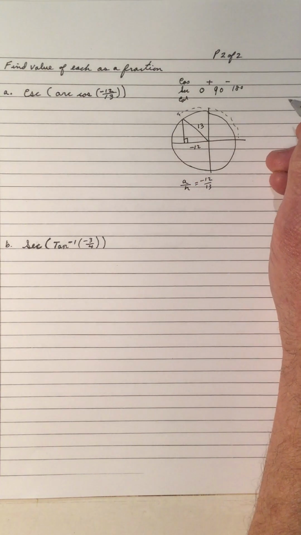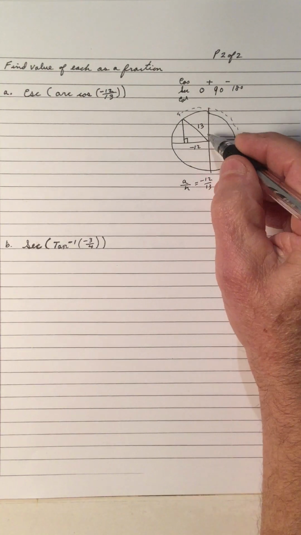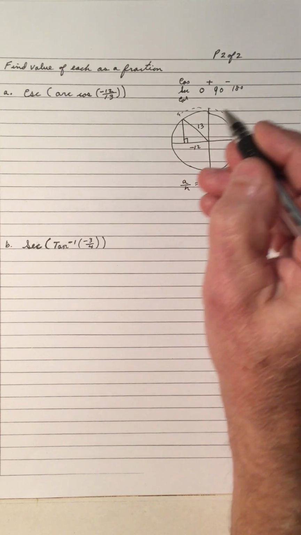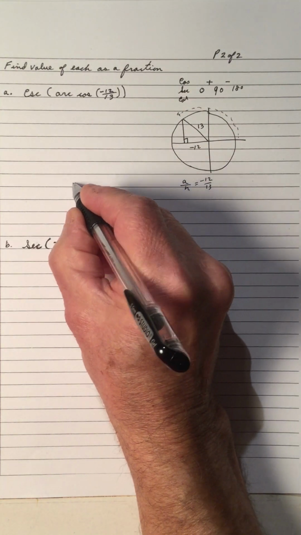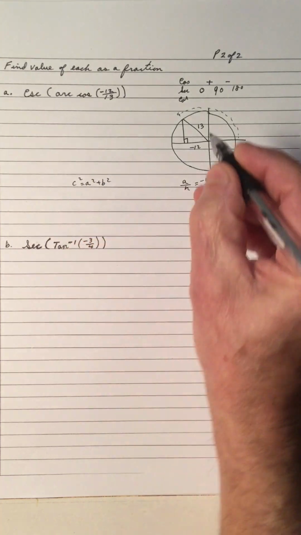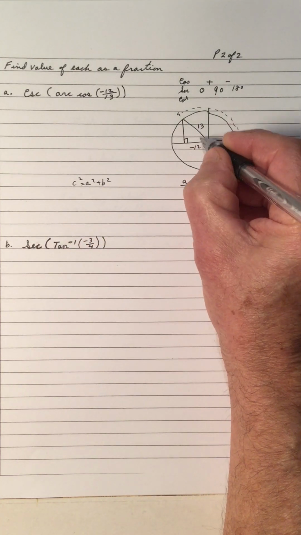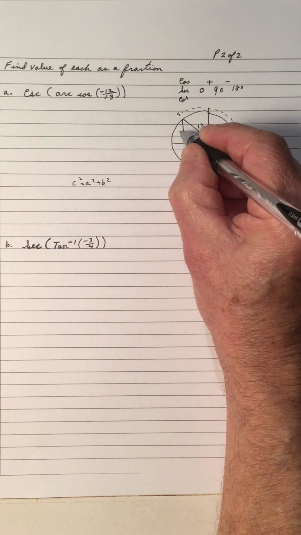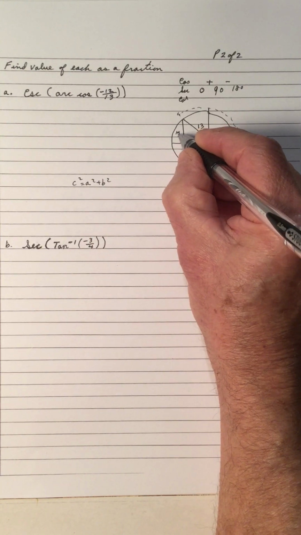To work this out, we need to find cosecant, which is related to sine. So let's see if we can find the other side. c squared is a squared plus b squared. We can say this is x, this is the radius, our hypotenuse, and this is y.